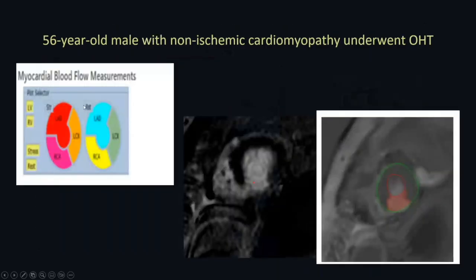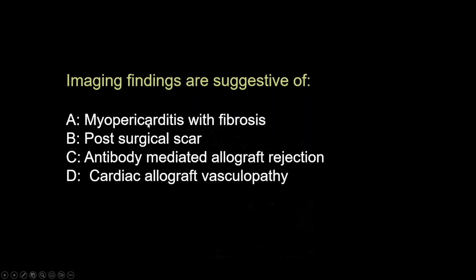These are the blood pool images, and this is the late gadolinium enhancement of the same patient. We can quantify the degree of enhancement. This is a near transmural enhancement. As you all know, transmural enhancement is always concerning for myocardial infarct. Antibody-mediated allograft rejection commonly has patchy enhancement, similar to myocarditis, whereas cardiac allograft vasculopathy would have findings similar to a myocardial infarct.